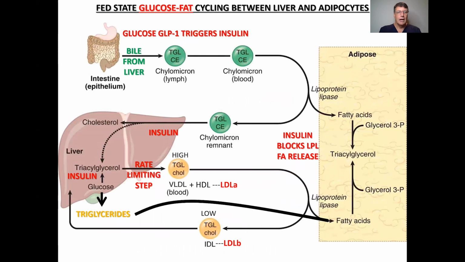So here's what happens. The larger fat that we eat, the big chunks of fat, those long triglyceride molecules, are not able to be transported in water, in the blood, because they're too big.